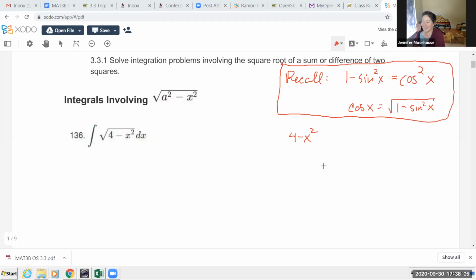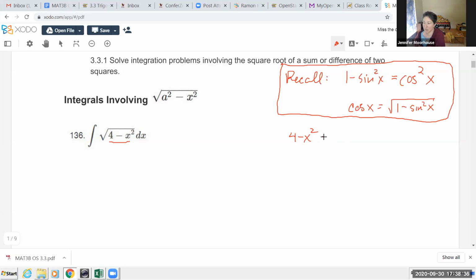Now that you can see what I'm doing, we've got our identity up here in a little box that we're going to be using a lot. And then we're integrating this square root of 4 minus x squared. I want to take this 4 minus x squared and think of it as basically like a 1 minus sine squared.